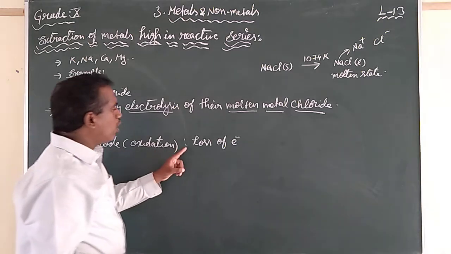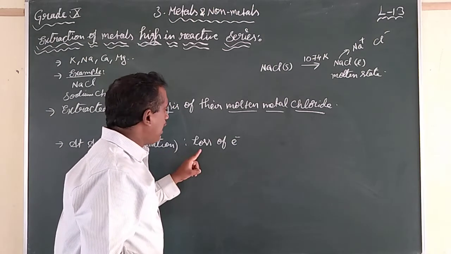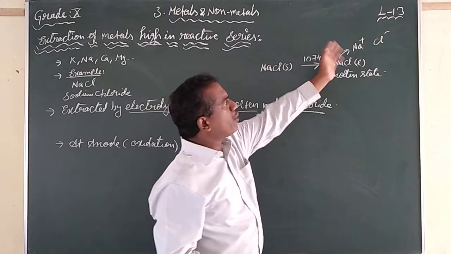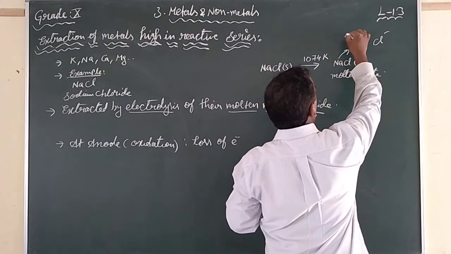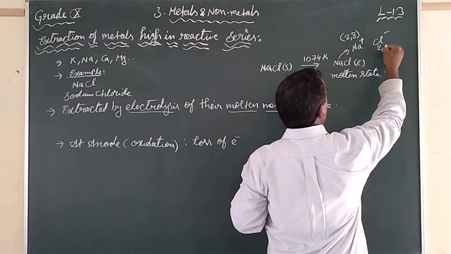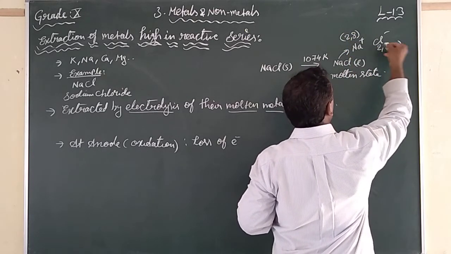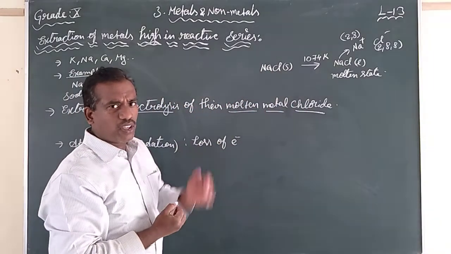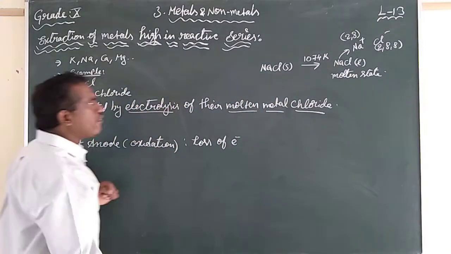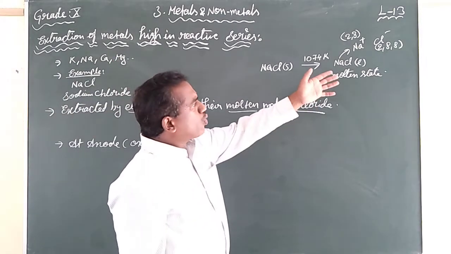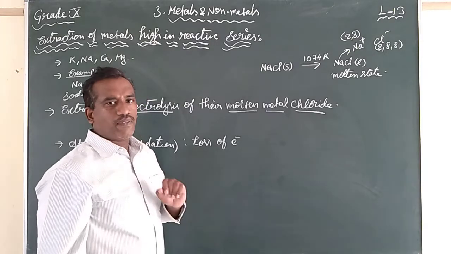At anode, oxidation takes place, meaning loss of electron. Sodium has already lost one electron and is in the state 2, 8, but chloride is in the state 2, 8, 8. That is the electron configuration, right? Both have achieved the noble gas configuration.